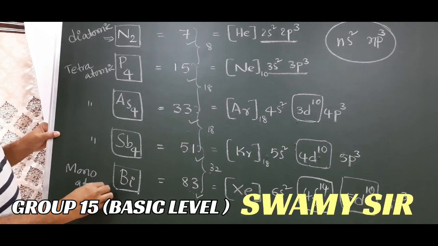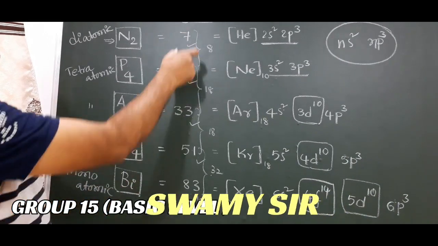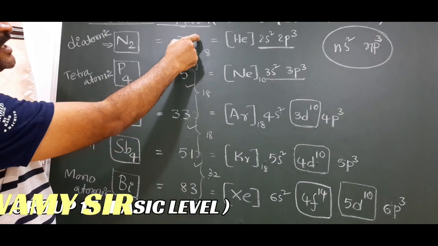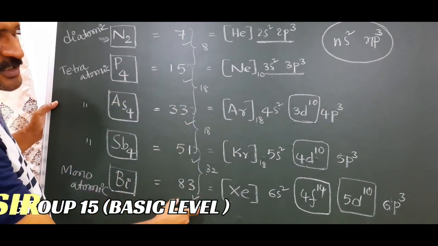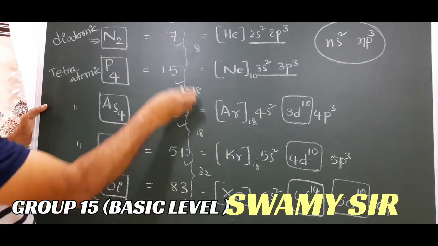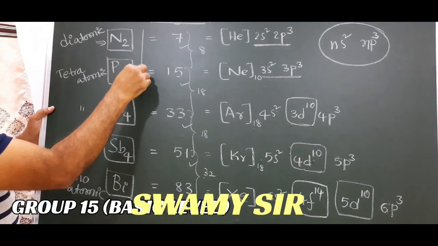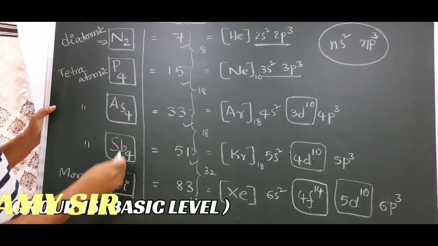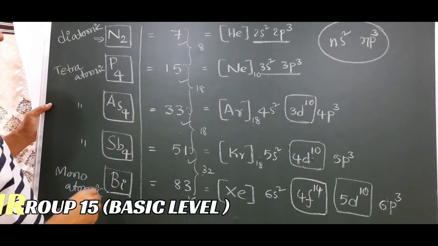Students, from the knowledge of the periodic table, from top to bottom atomic radius increases. If atomic radius increases, metallic nature increases. Electropositivity increases.